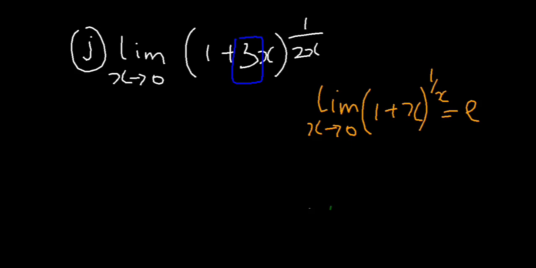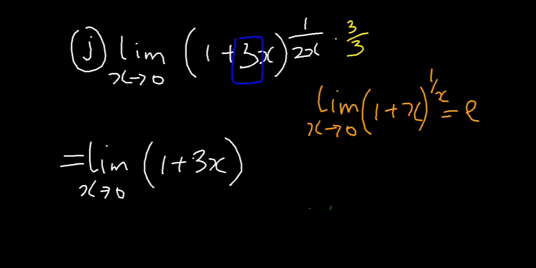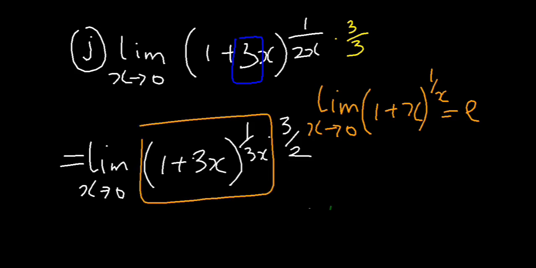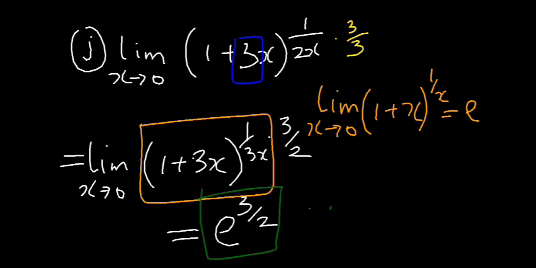Now we have a factor of 3, so let's multiply the power by 3 over 3. So our limit will be (1 plus 3x) all raised to power 1 over 3x times 3 over 2. So we can now see that this will be equal to e. Now our answer will be e raised to power 3 over 2.